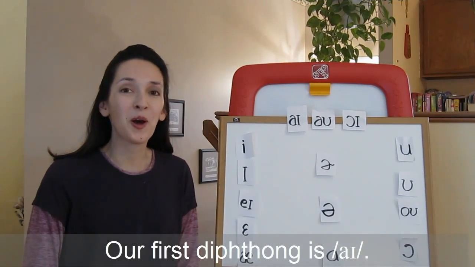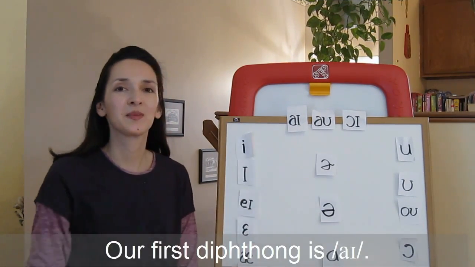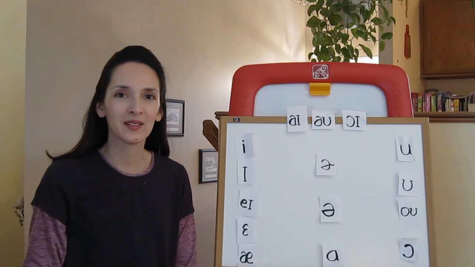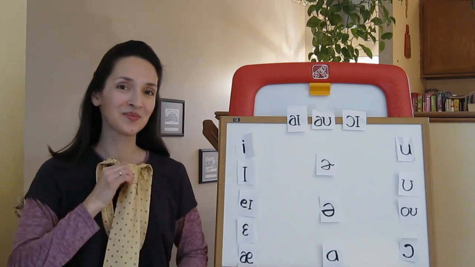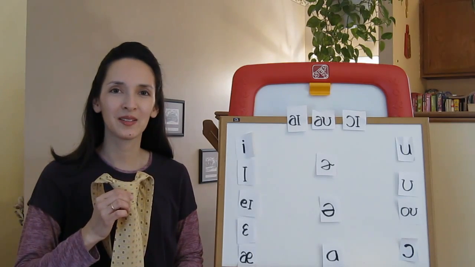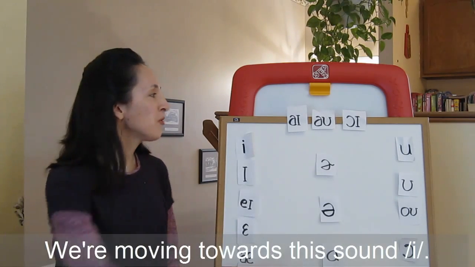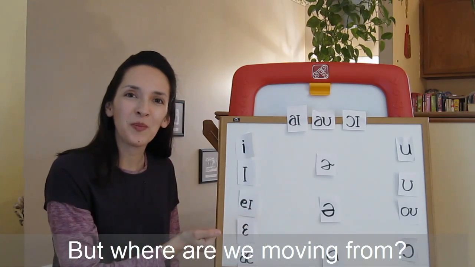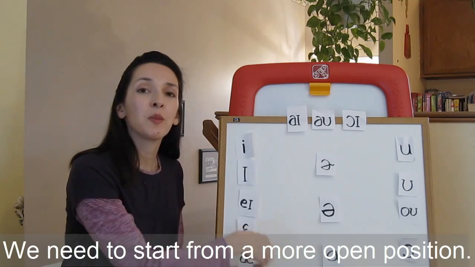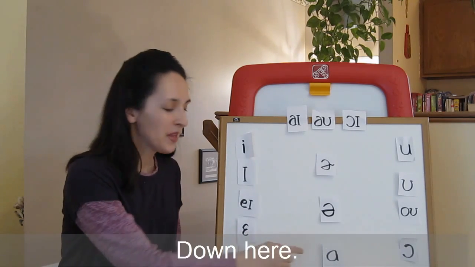Our first diphthong is I, as in tie. We're moving towards this sound, E. But where are we moving from? We need to start from a more open position, down here.